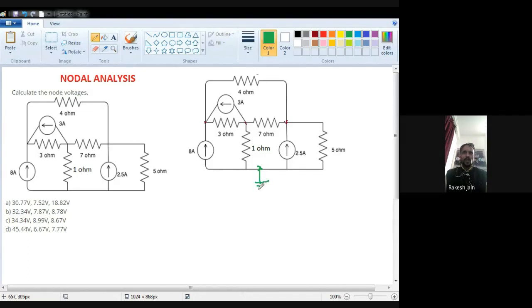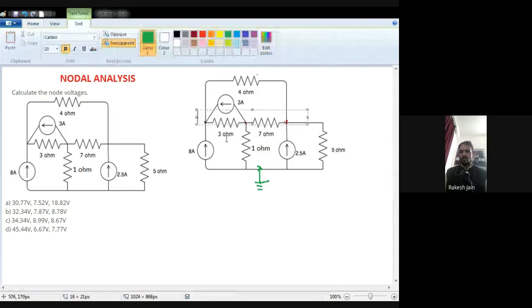Then my second step is to write down the equations for the node voltages. So let's suppose this is my V1 node voltage and this is my second node, so I consider V2 as my node voltage here. And at this side I consider V3 as my node voltage.